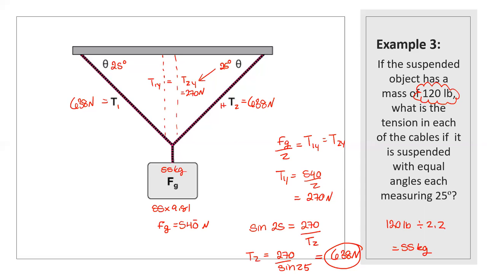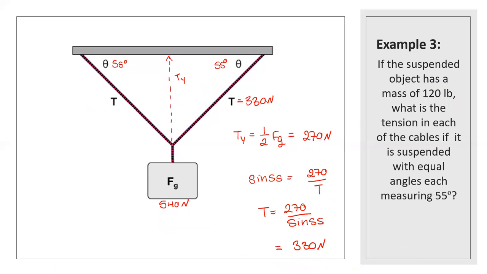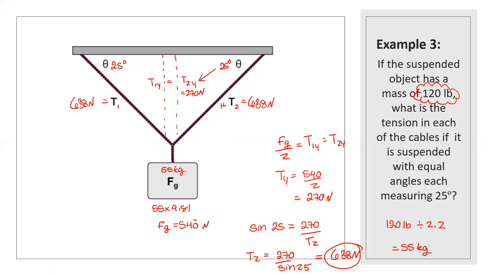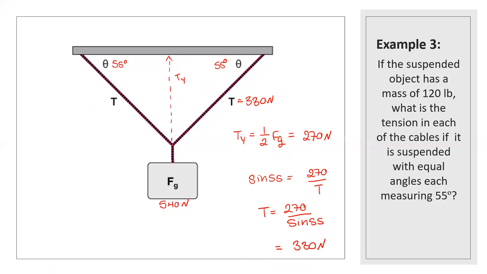If you think about tension on the rope and what it's going to do in terms of strength, you're going to need a much stronger cable at 25 degrees, as opposed to at 55 degrees, where we have roughly half the tension. That's one of the reasons why these angles are really important.